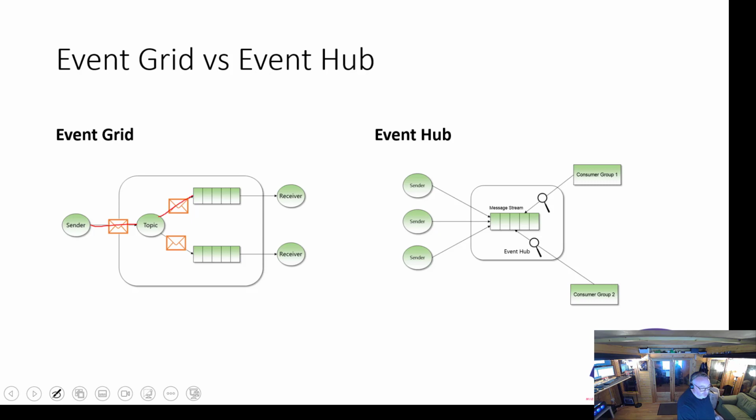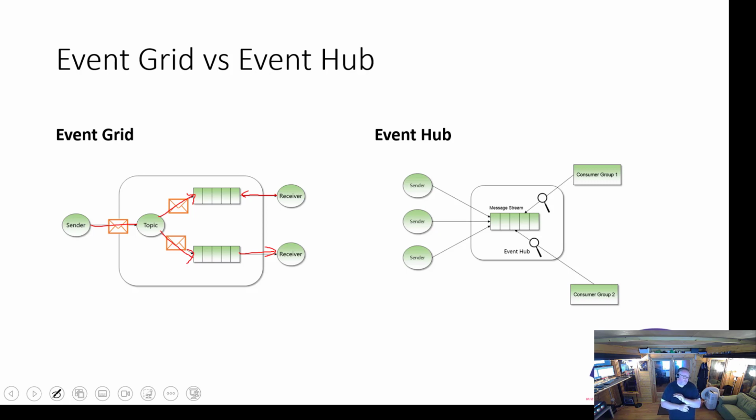We would then have multiple subscribers pick that message up, and then let's pretend here this one's a push to a logic app, and you might write a function that would go and pull, or you can push to a function. The concept at a super high level between Event Grid and Service Bus for this topic to subscription to receivers is very, very similar, which is why I've reused that diagram.